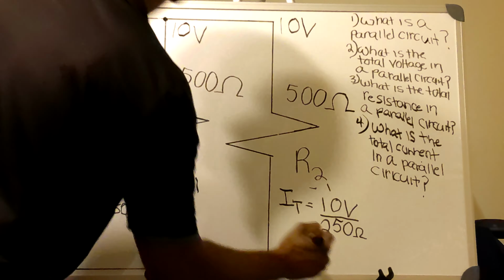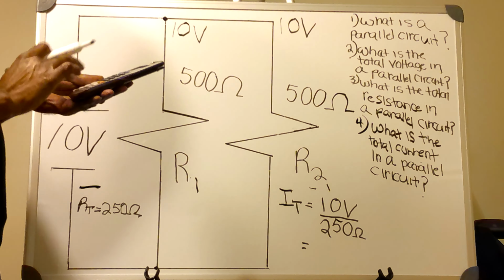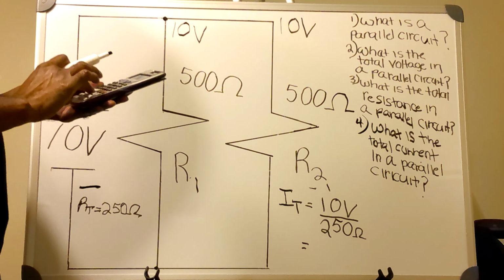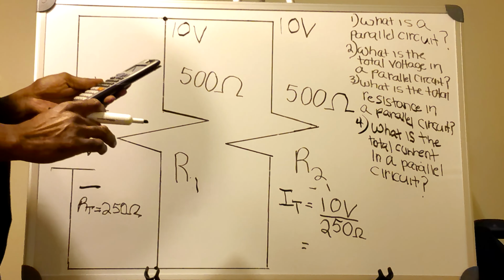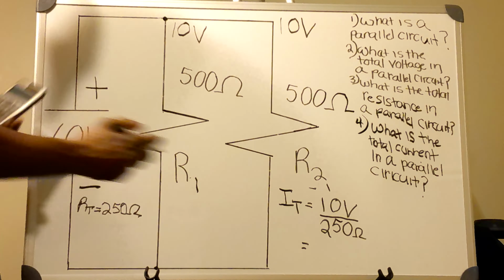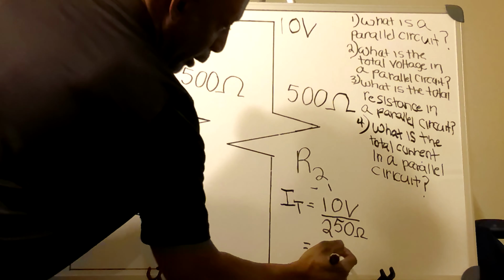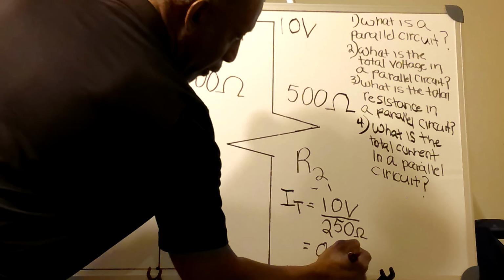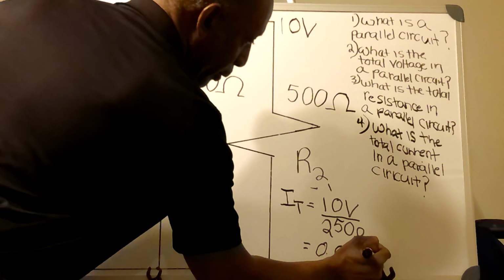That equals 10 volts divided by 250 ohms equals 40 milliamps, or 0.040 amps.